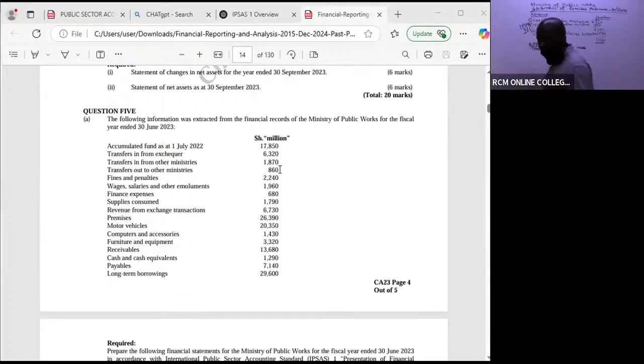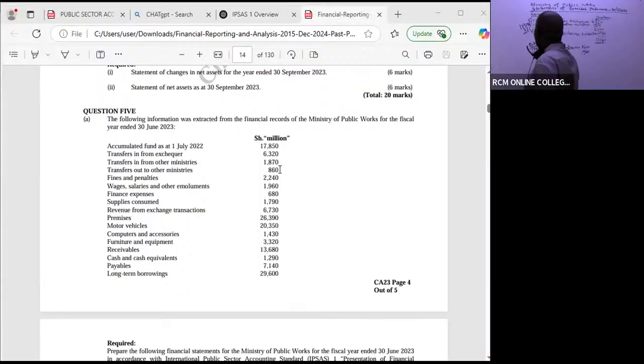Transfers out to other ministries. How much is that? We have here 860. Then we have wages and salaries. Wages and salaries, we have 1960, the year that I was born. Very old, but young at heart. Then we have finance costs, which is basically interest.